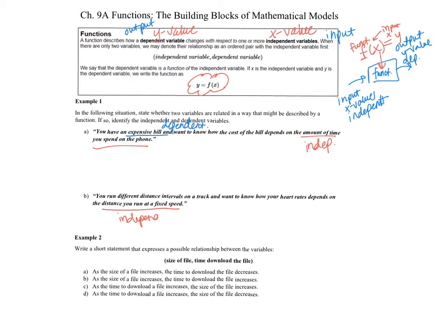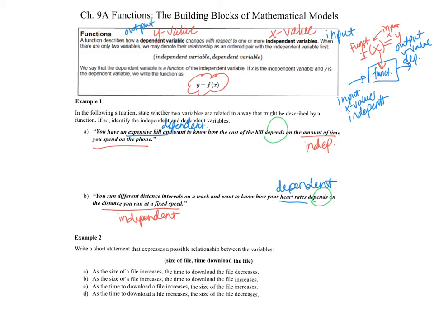Okay, that's going to be our independent, our x value, our input. And then what I would get out of that would be the heart rate. It's going to be my dependent variable.